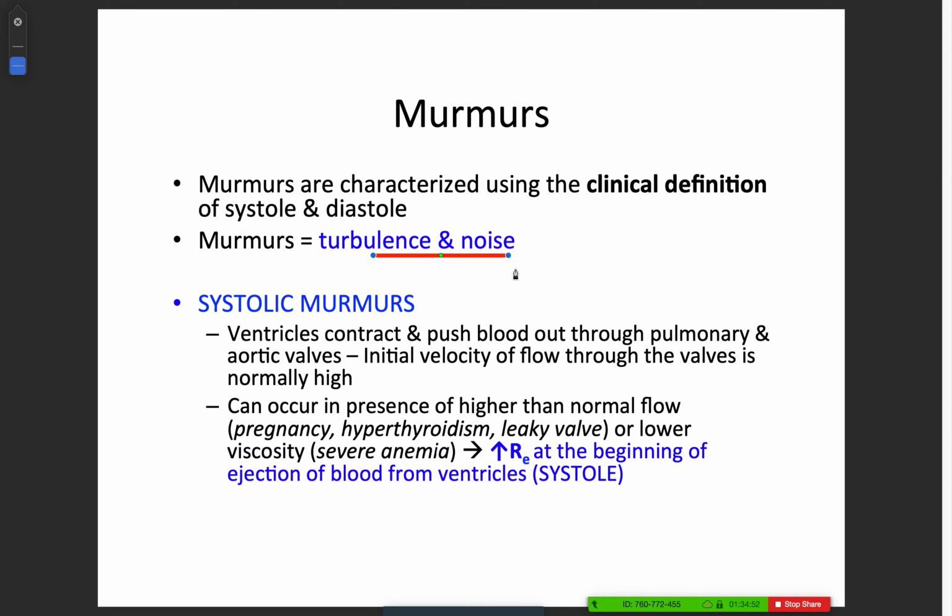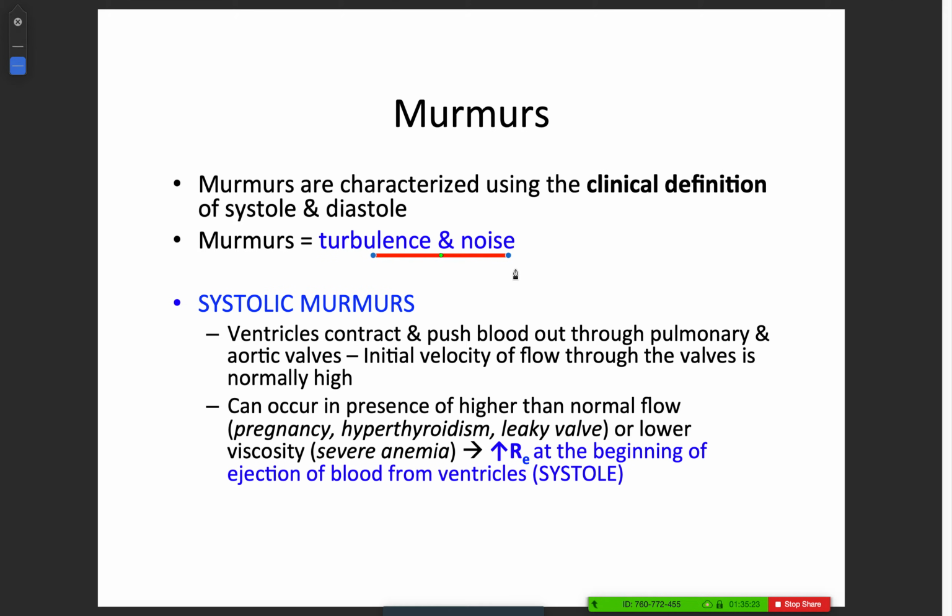So systolic murmurs: if you hear it at the aortic post and it's a systolic murmur, then you know it's a stenosis. Versus if you hear a systolic murmur at the mitral post, then that's a regurgitation, right? So where you place your stethoscope and when you hear the noise are going to be your two clues in determining what is the cause of the murmur.